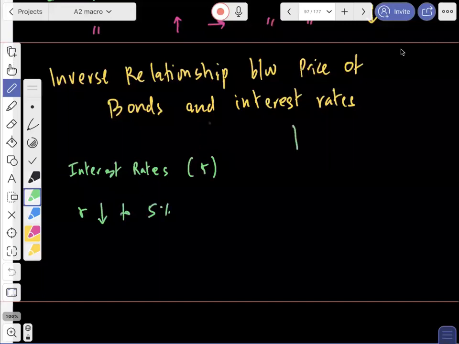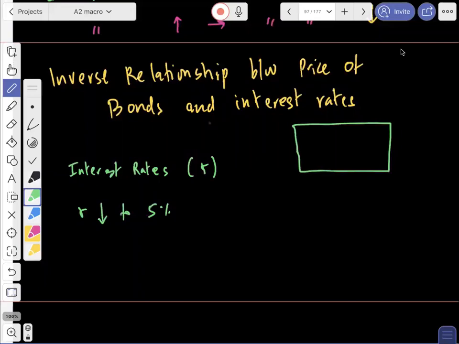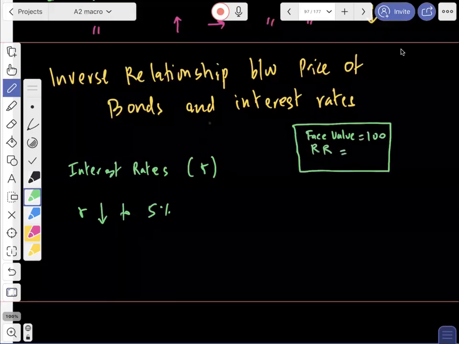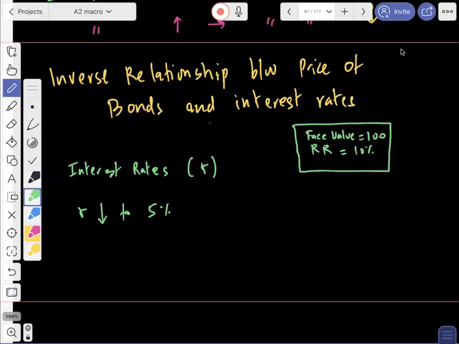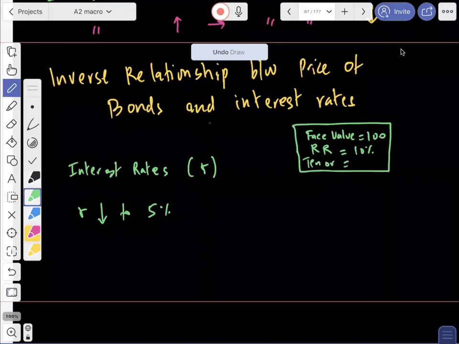But let's say I also have a bond. Remember, a bond has a face value, let's say of 100, a rate of return, let's say 10%, and a tenor or duration of, let's say, 5 years.